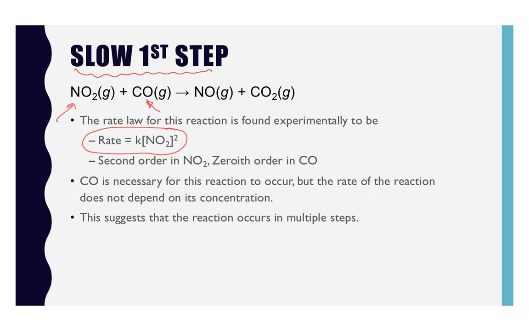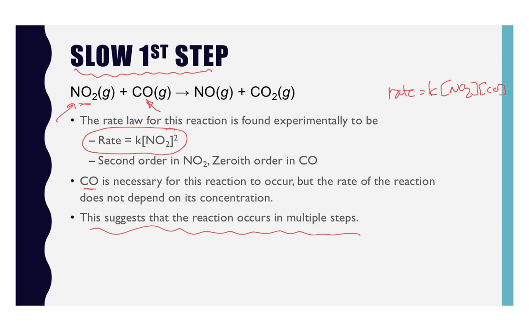Okay, so as a result of that, because the rate of reaction does not depend upon the carbon monoxide at all, that suggests the reaction occurs in multiple steps. And that's because if this were an elementary reaction, or in other words, a single step reaction, then we would know for sure that the rate law would be rate = k times the concentration of NO2 times the concentration of CO, right?